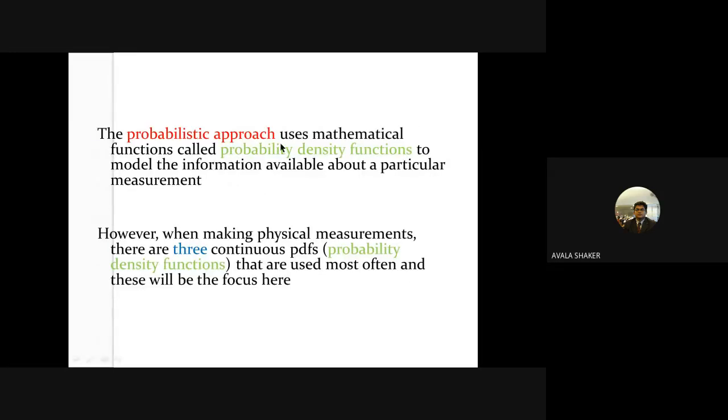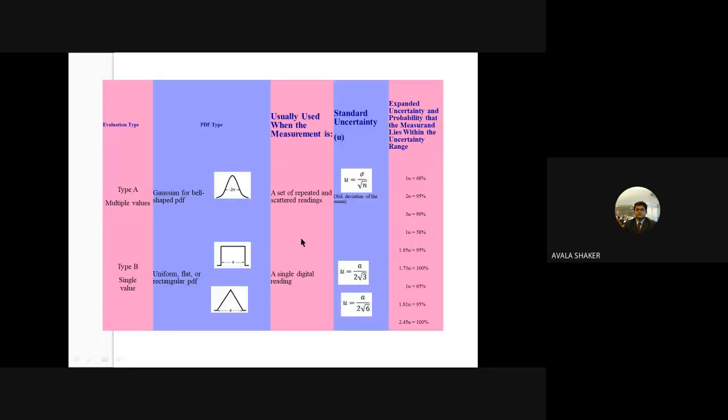So the probabilistic approach using mathematics, that is the probability density function for type A is Gaussian. The probability distribution function is your Gaussian distribution. Okay. Type B, you have rectangular and triangular distributions. Okay. Maybe in a problem, I'll just touch on one of them.